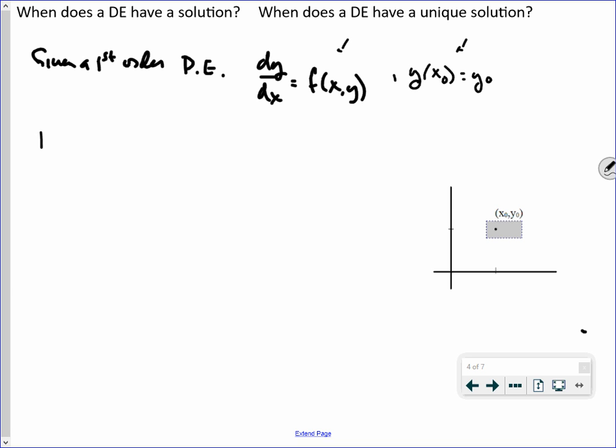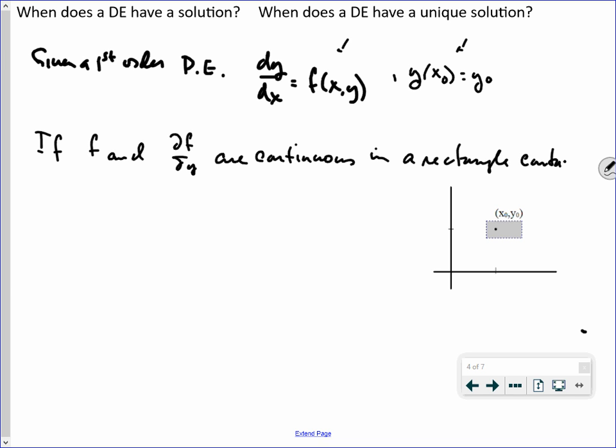So here's some conditions. If f and the partial of f with respect to y are both continuous in a rectangle containing this point in question, x0, y0, then there is a unique solution to the differential equation.